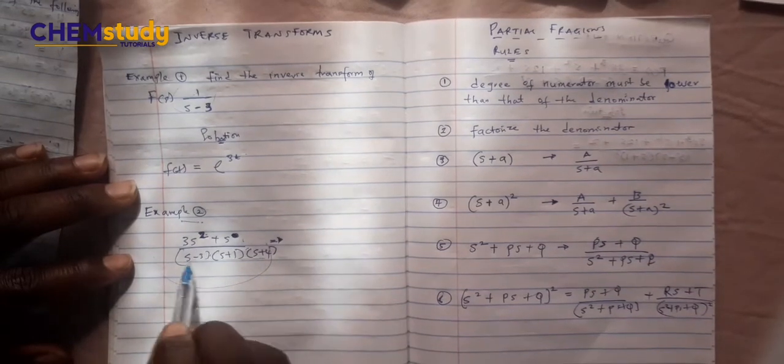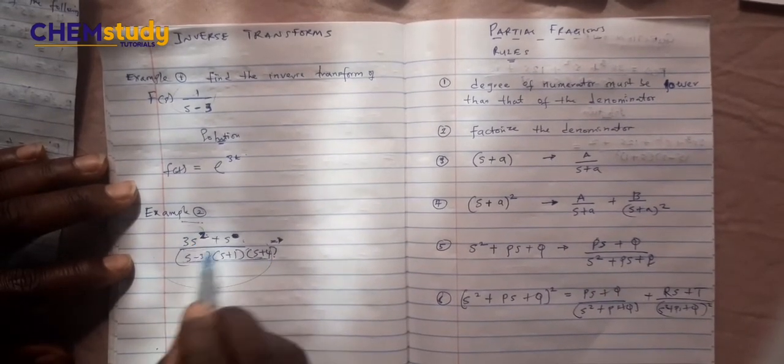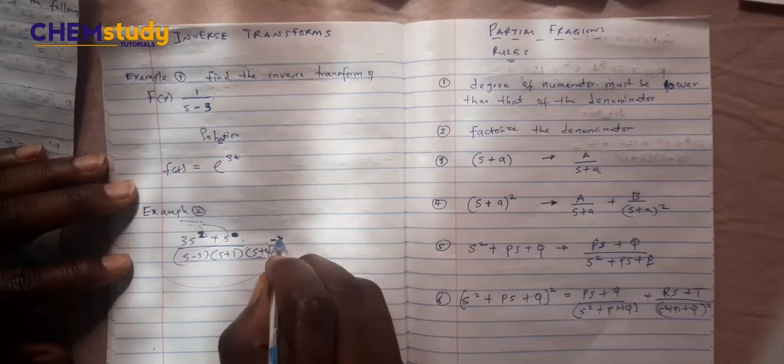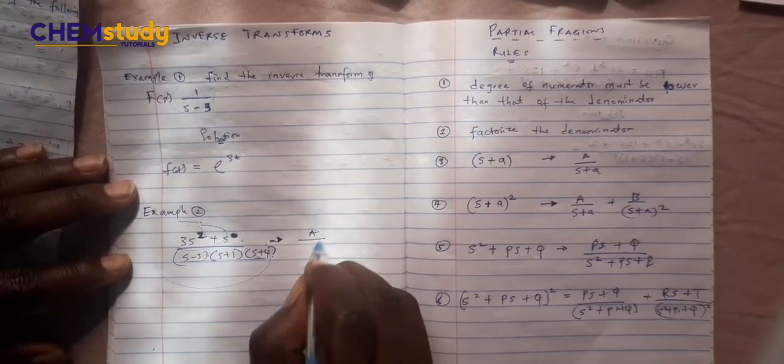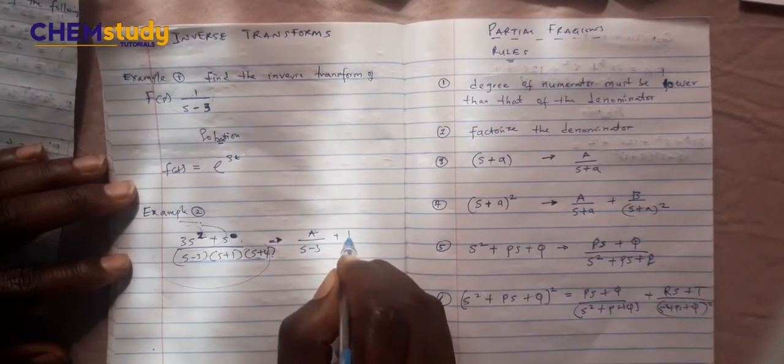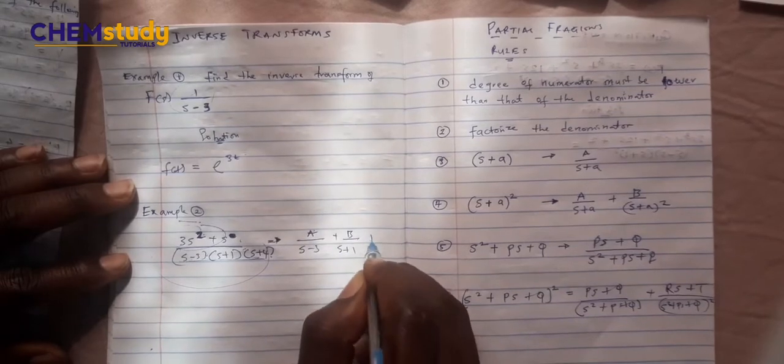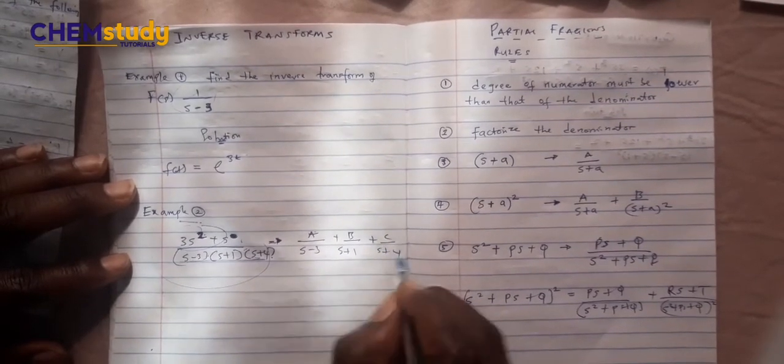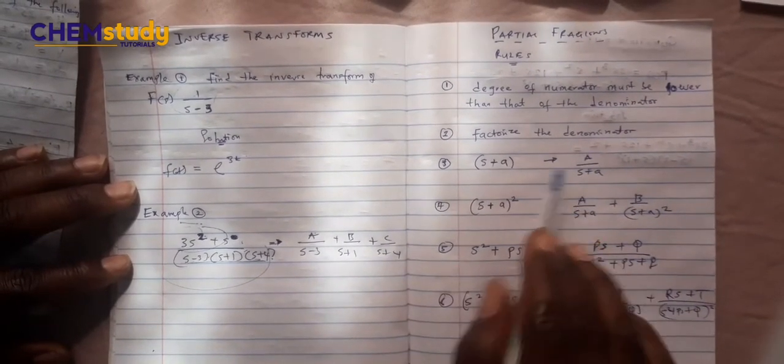The highest degree here is 3, while here it is 2. So the partial fraction is going to be a over s minus 3 plus b over s plus 1 plus c over s plus 4, just like the rules state.